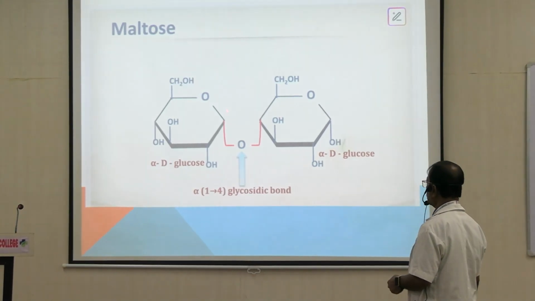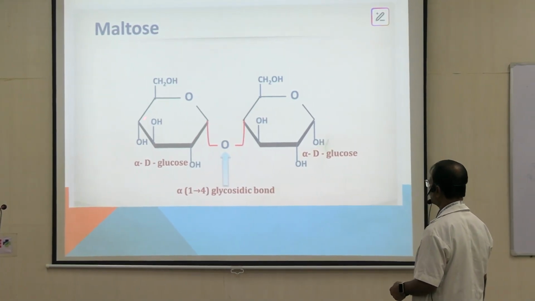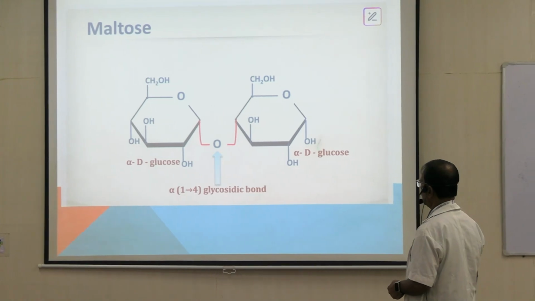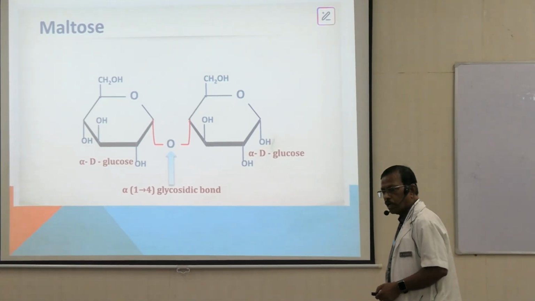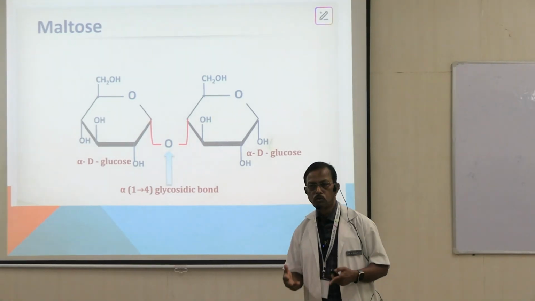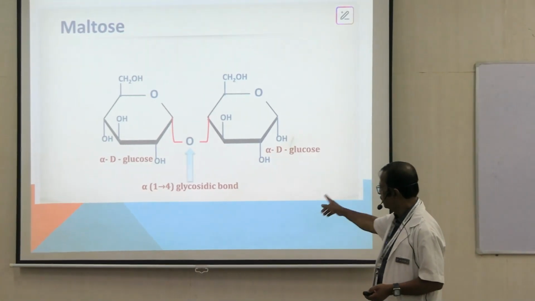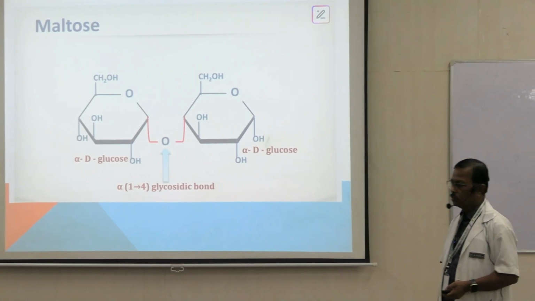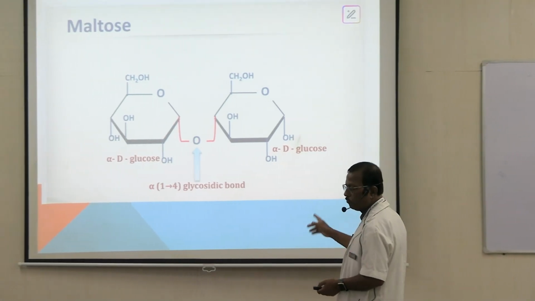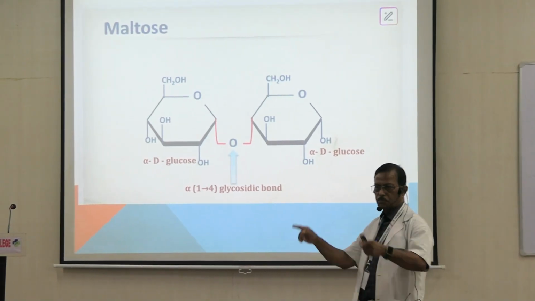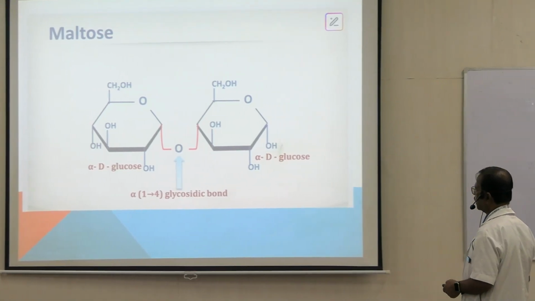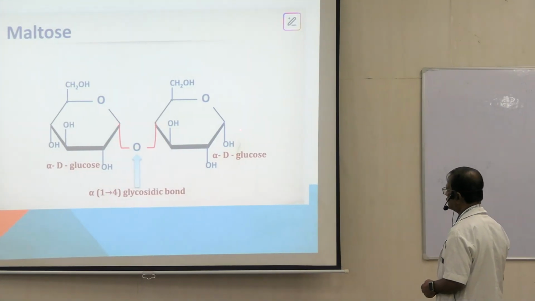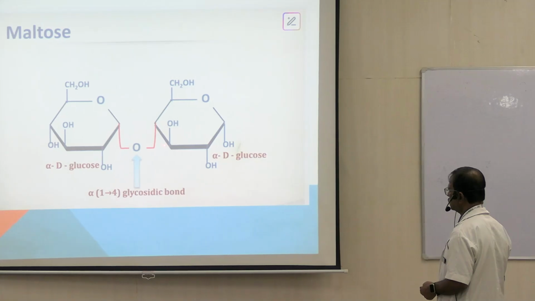So this is the first carbon, 1, 2, 3, 4, 5, 6. In solution, the monosaccharide spontaneously undergoes cyclization and forms this pyranose, glucopyranose form of structure. It is a 6-membered cyclic monosaccharide. This is carbon number 1, 2, 3, 4.